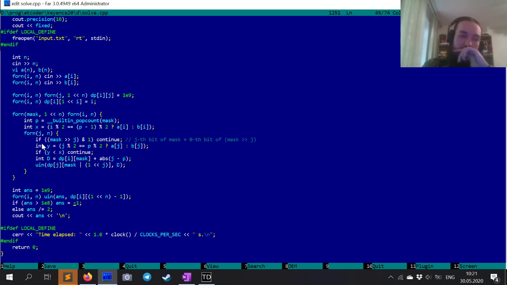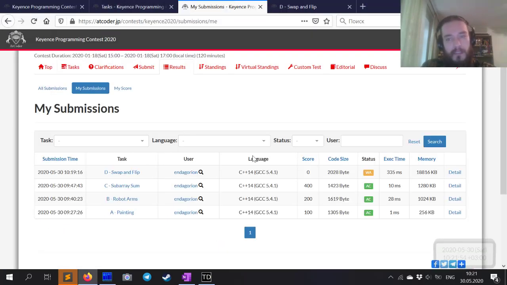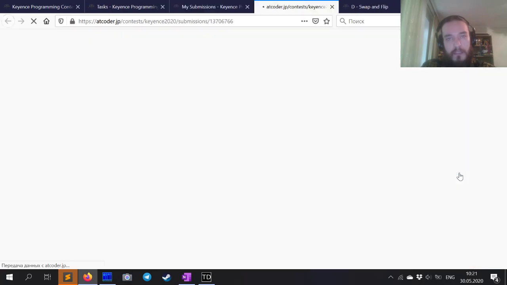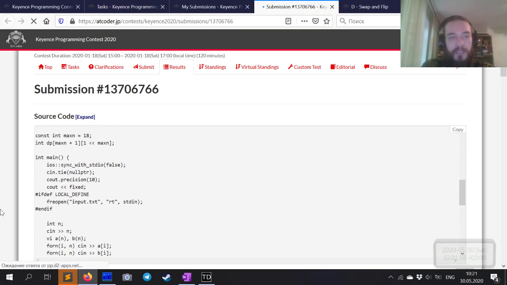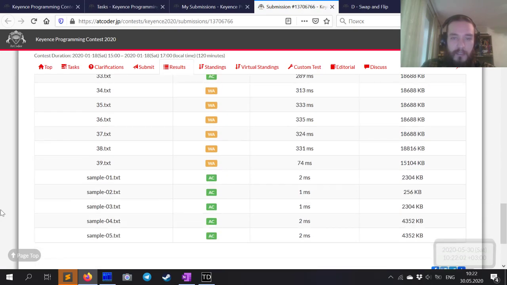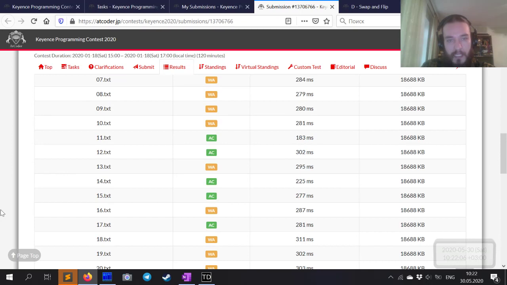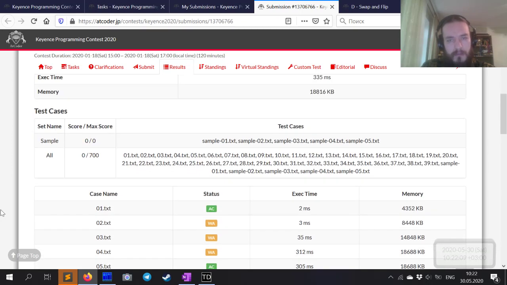If the answer is large, we should output -1. If the answer is small, ostensibly that's... Maybe we have like... How many cases have we missed? Actually quite a lot. And also all of them are big. No, not all of them are big.